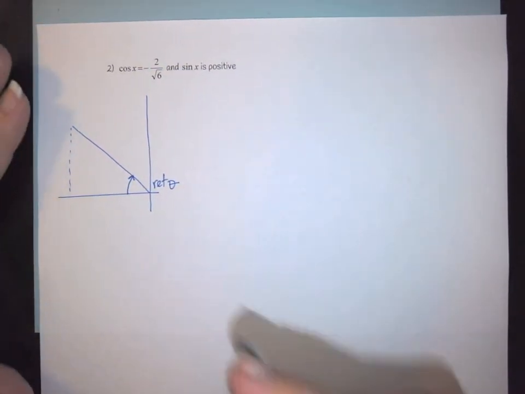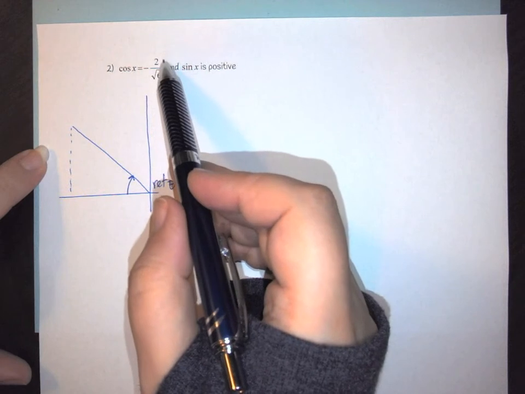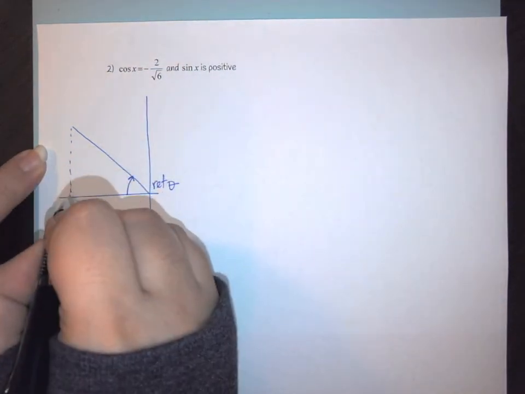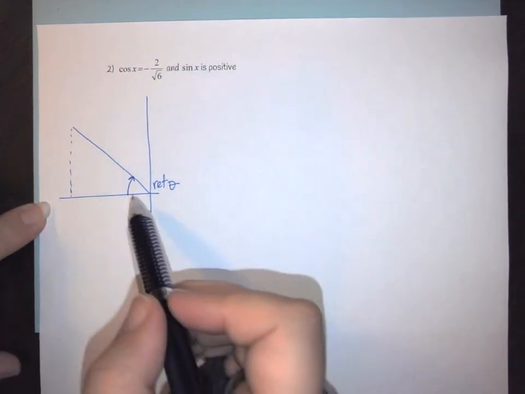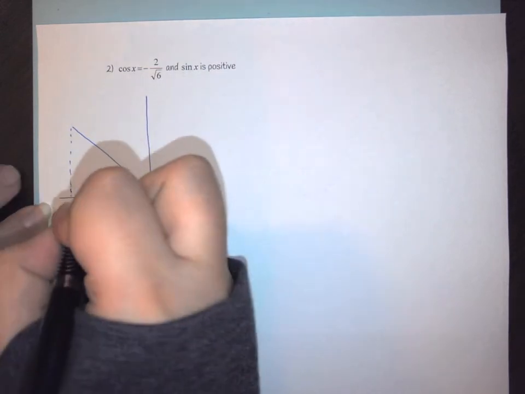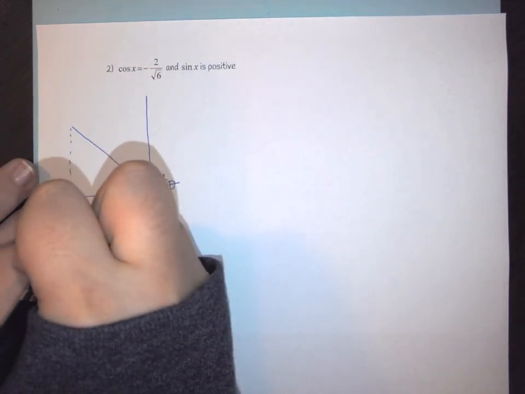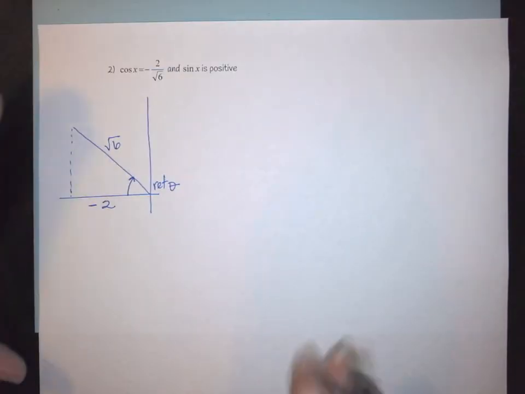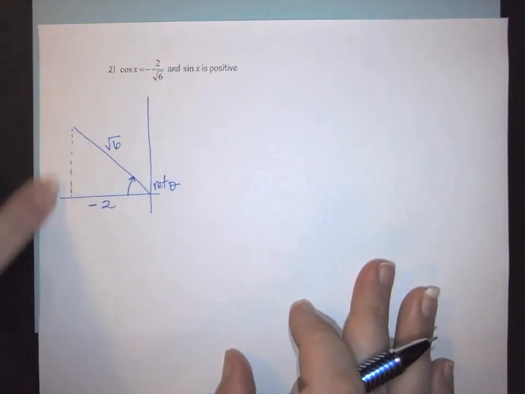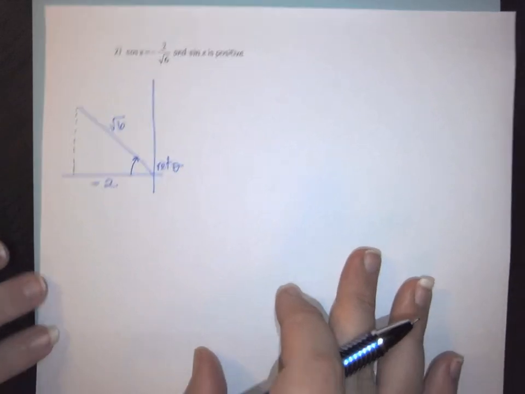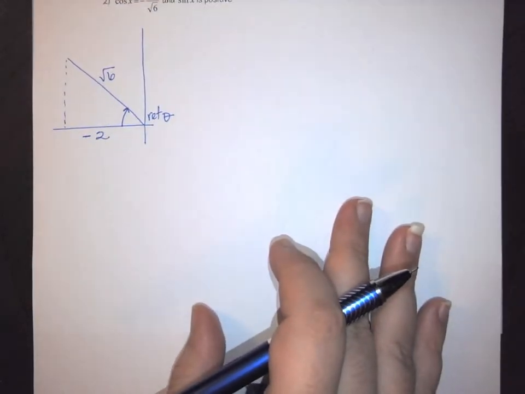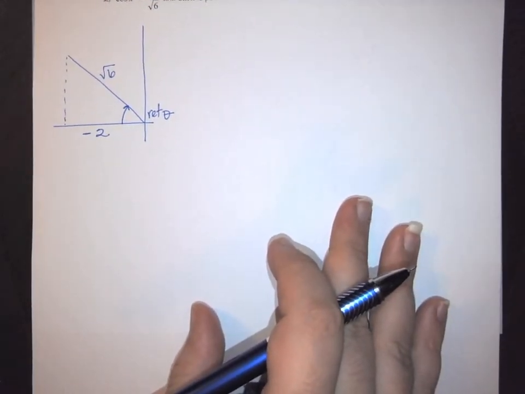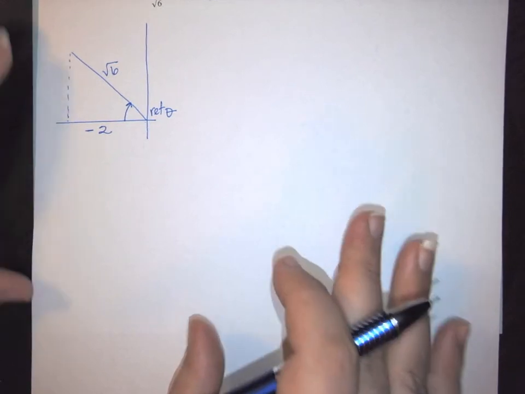And now I have that the cosine is negative 2 over the square root of 6. So cosine is adjacent over hypotenuse. My adjacent is negative, so this is negative 2, which means my hypotenuse is the square root of 6. Now in looking at this, it's not necessarily easy to see what the other term is going to be.